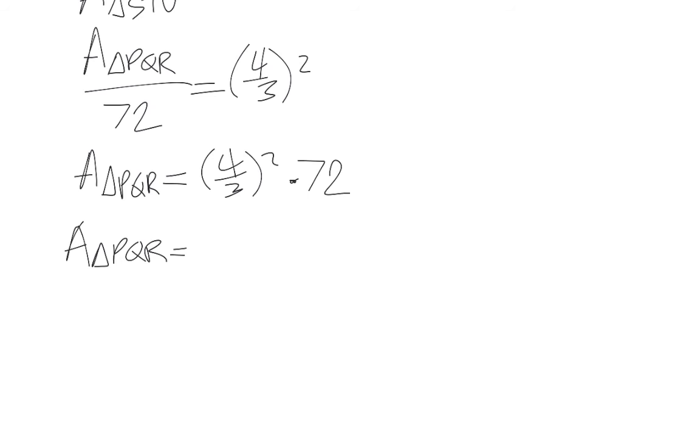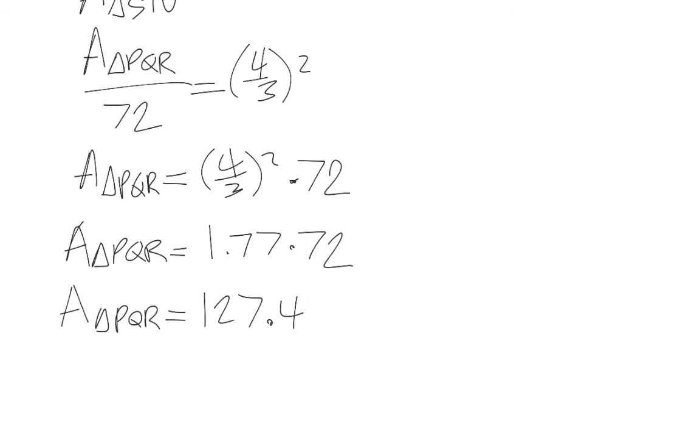I'm going to square that 1.33, and you should get approximately 1.77. I'm only going to carry 2 decimal places here. So let's simplify that. The area of triangle PQR is 1.77 multiplied by 72, which is equal to approximately 127.44 square centimeters. And that should make logical sense because triangle PQR is bigger than the other triangle.